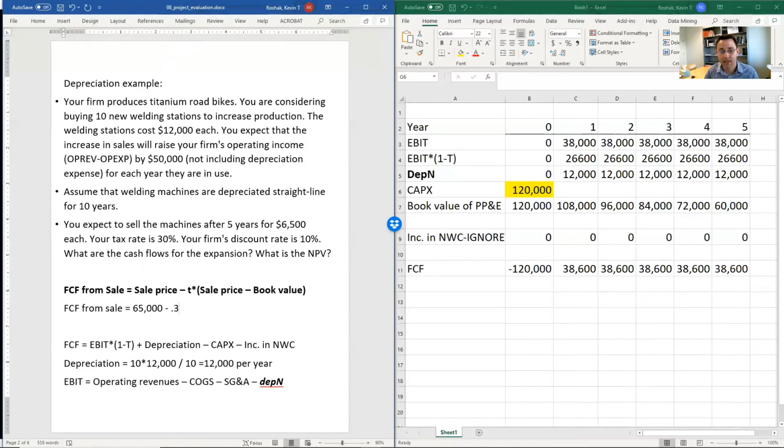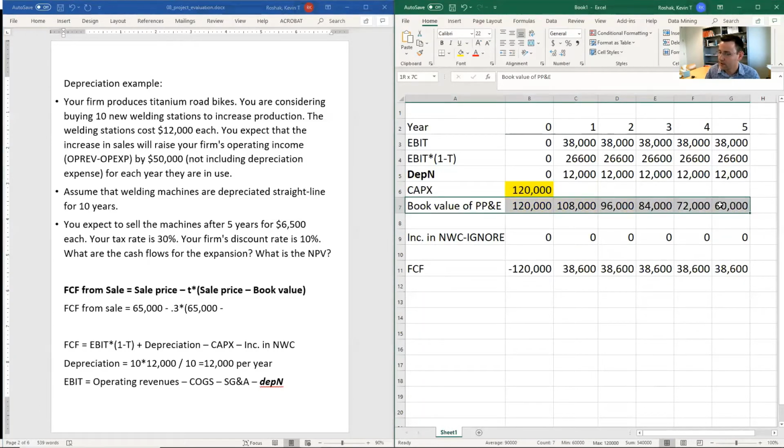We have a 30% tax rate. Again, $65,000 proceeds from the sale. And what's the book value of these machines when we actually sell? When we go over here, we just did all this work to figure out that the book value is $60,000 when we sell it.